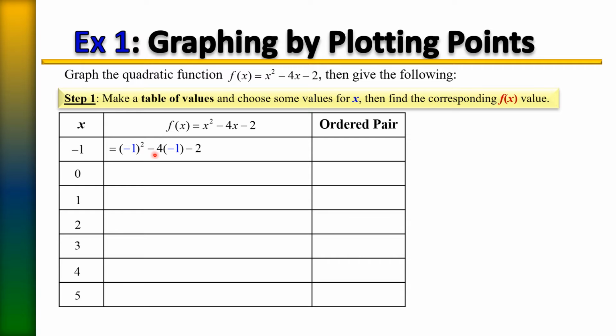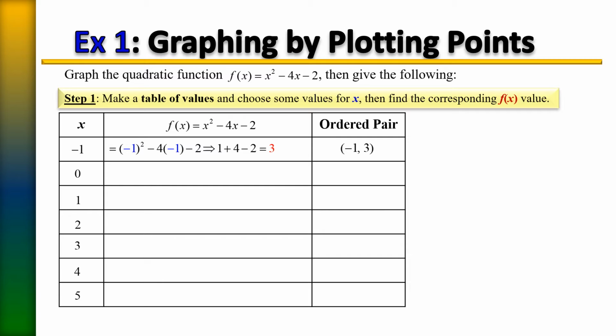Combining a -4 times -1, that's going to be a +4. So I'm going to have these three numbers of a 1, a 4, and a -2. 1 plus 4 is 5, and 5 take away 2 is 3. So when we plug in a -1, what we get out is a 3.